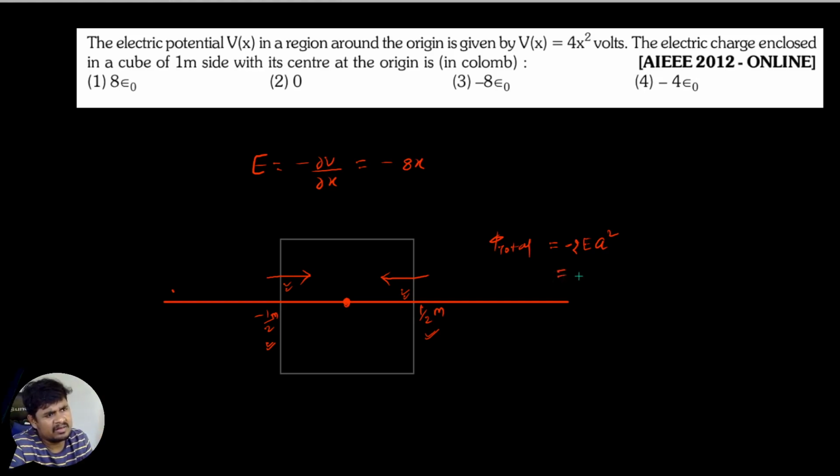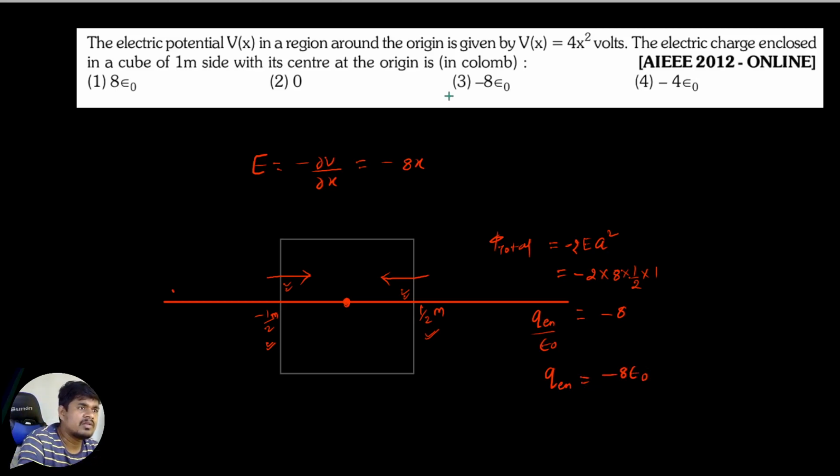Now we can substitute the value of 2 times E. Field at this face is 8 into x, which is half, so times 1. So this is minus 8, and that should equal q enclosed by epsilon naught. So from here we get q enclosed equals minus 8 epsilon naught. So the correct answer should be the third option.